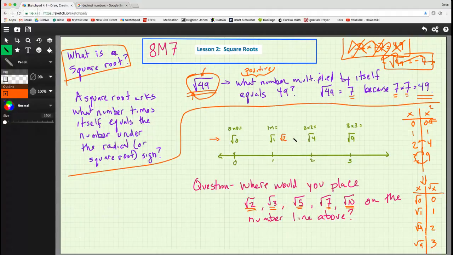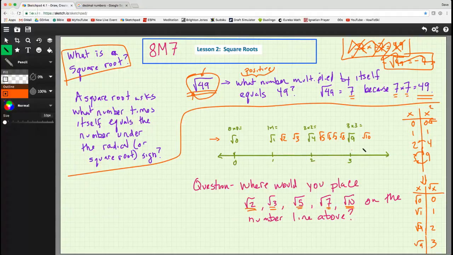Likewise, the square root of 3 must go here, less than the square root of 4. The square root of 5, the square root of 6, the square root of 7, and the square root of 8 would go here. And so the square root of 10 would fit here.